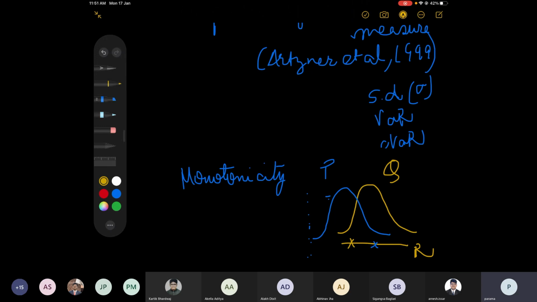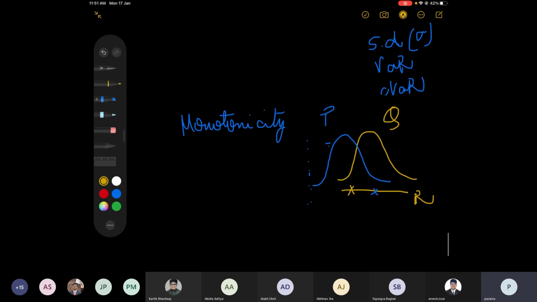Then whatever risk measure you take for P should be greater than the risk measure of Q. So if you are looking at standard deviation, then the standard deviation of P should be greater than the standard deviation of Q, or VaR of P should be greater than VaR of Q. Standard deviation may actually fail this test.